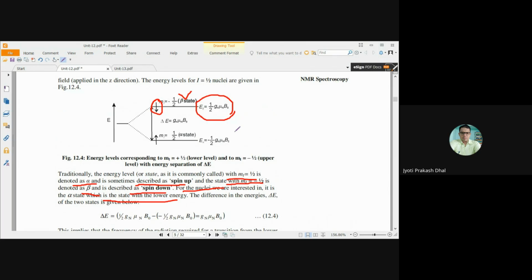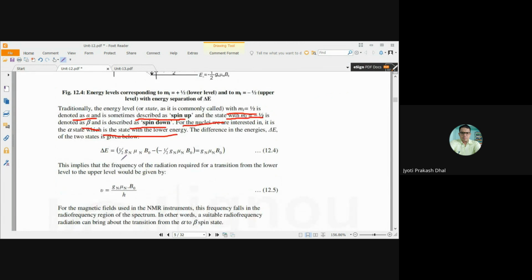The energy difference between the two states equals the energy of the beta state, half g_n mu_n B0, minus the energy of the alpha state, minus half g_n mu_n B0. Minus of minus becomes plus, which equals g_n mu_n B0.